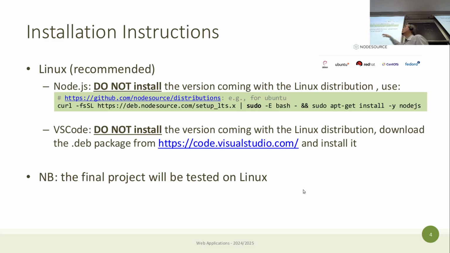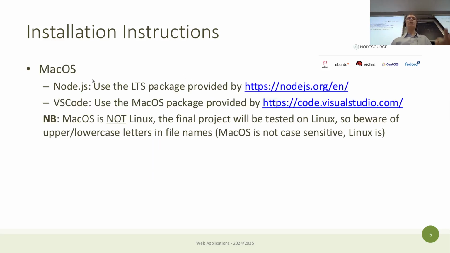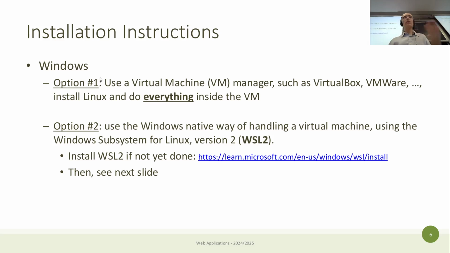Here you will find all the instructions for all the major systems. So basically there are three: Linux, in case you want to use Linux, Mac OS for the Mac, and Windows. I spend just a couple of words on Windows because I think most of you will use Windows.